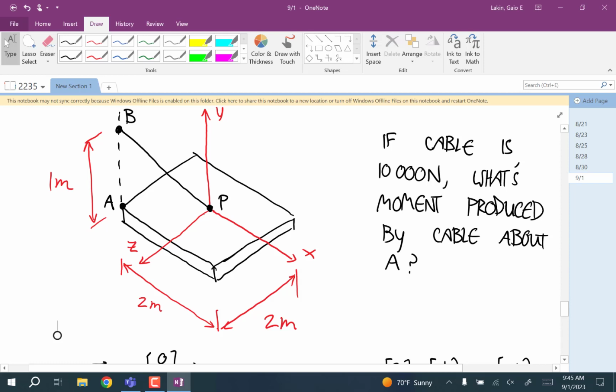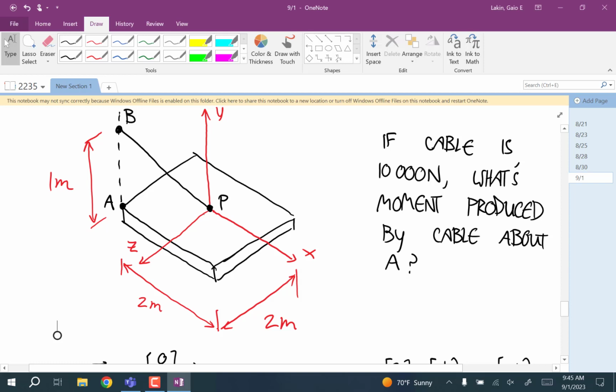So forget about that cable being there now. Just think about the components. The first component is an x component, you know, in the negative direction, okay? And forget all the other forces for now. The only things you care about are the force going in negative x and the point that it rotates about. Okay. Well, what was that component? 5770, right? In the negative x direction, the force component.